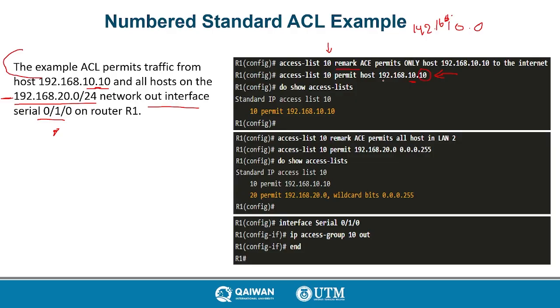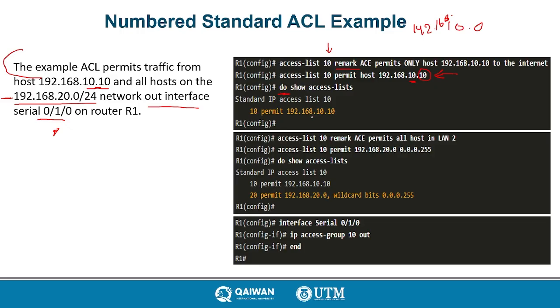It will not allow all of the IPs, it will only allow the computer that has 10. Now, because we are inside global configuration mode, we cannot just say show access-lists. We need to have the word do, and now it shows us permit, and the access list number 10, permitting only this one.